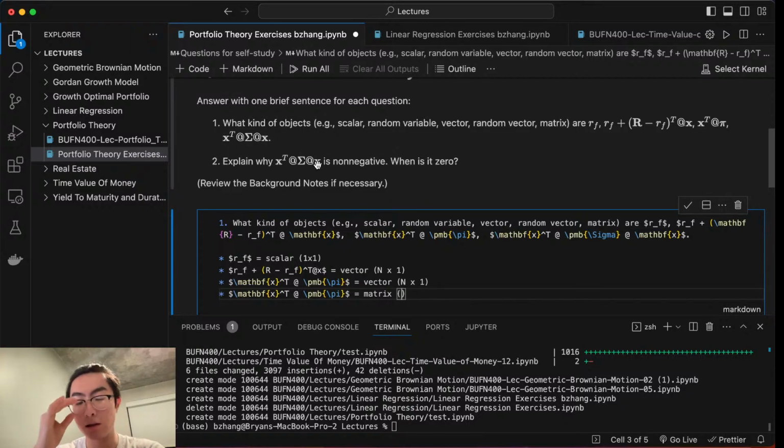I think that's just a scalar. Wait, I think these are all scalars actually, right?